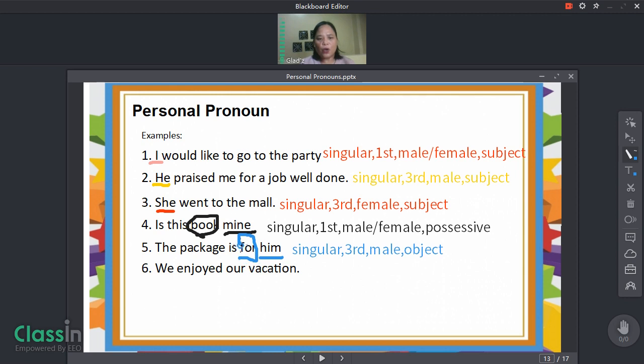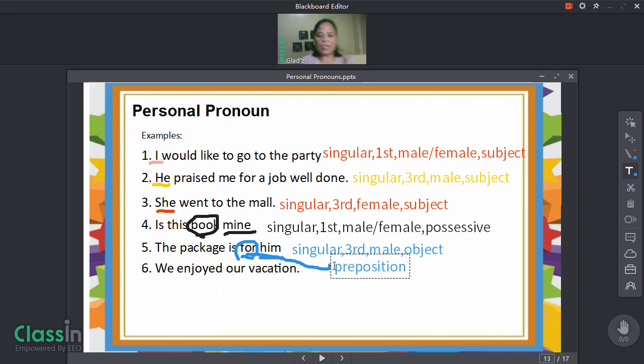What part of speech is for? This is considered as a preposition. Do you remember, class?